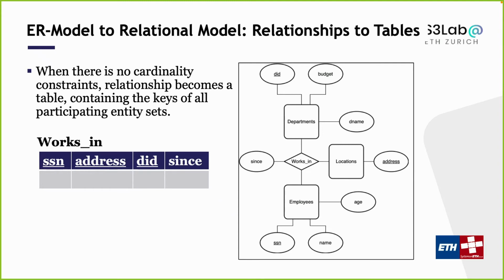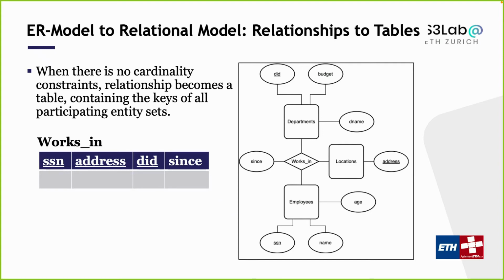It should have the keys of all the entity sets that this relationship is connecting in the diagram, which makes sense, right? This relation is used to store information about how employees, locations, and departments connect to each other. In the relational model, it should contain the key of the employee, the key of the location, and the key of the department.